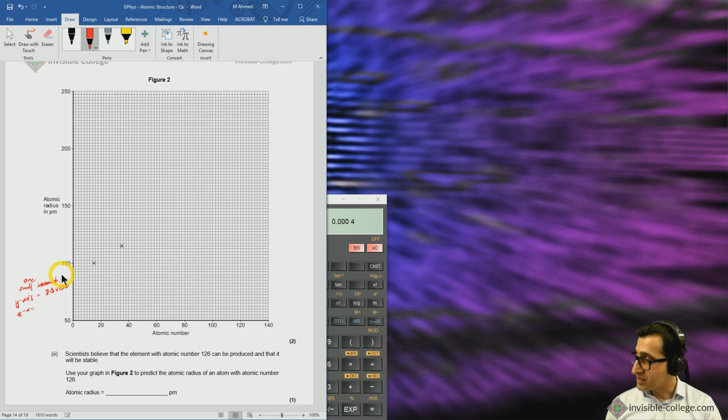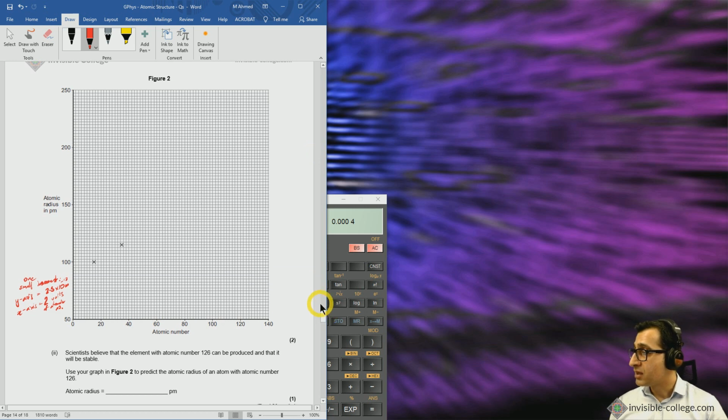On the horizontal axis, as we saw, from 0 to 20 is 10 small increments, and so one small increment corresponds to 2 units of atomic number. So now we can start to plot our points based upon this information here.